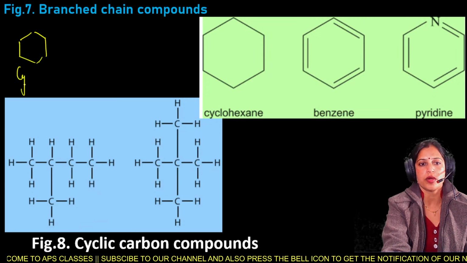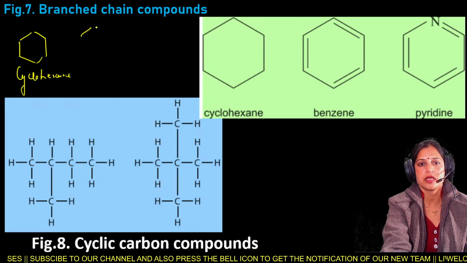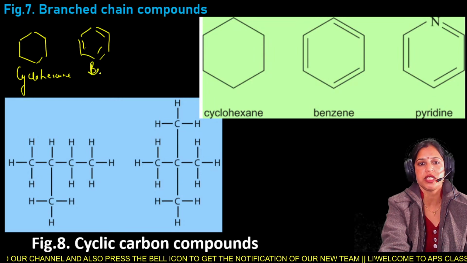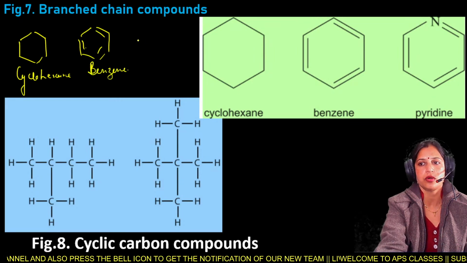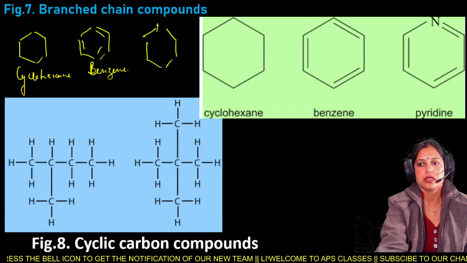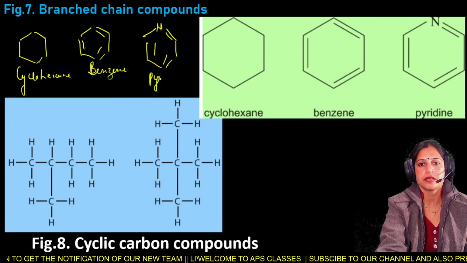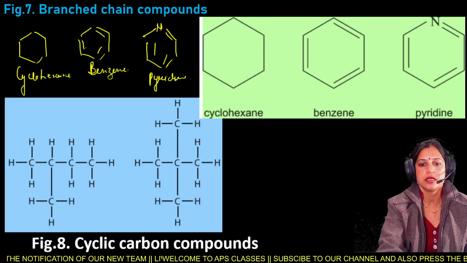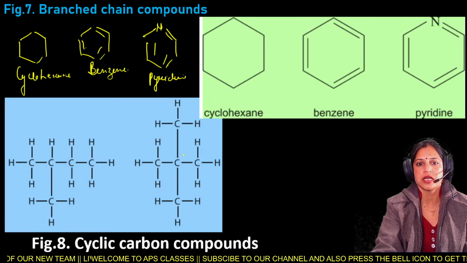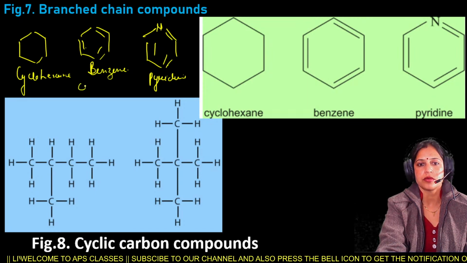This is cyclohexane. Alternate positions for double bond, that is benzene. This is pyridine. And these are the cyclic carbon compounds.